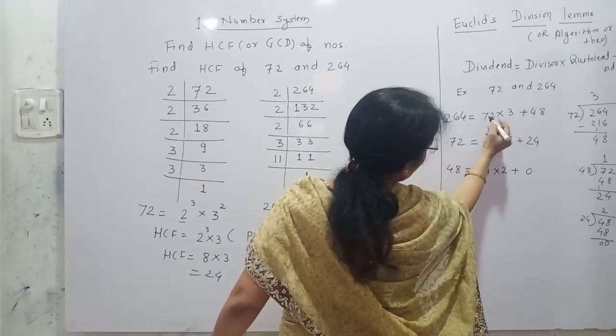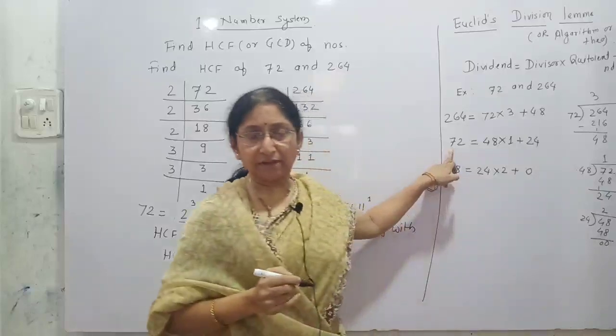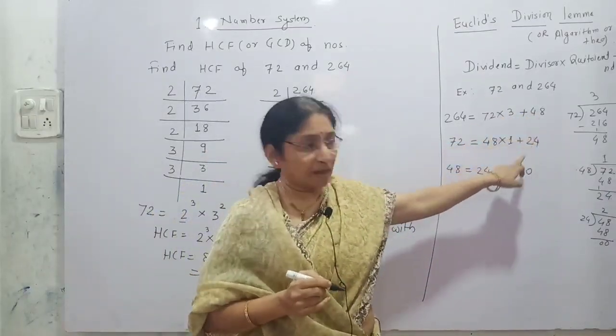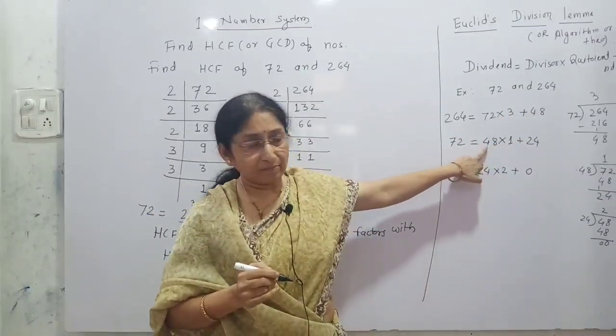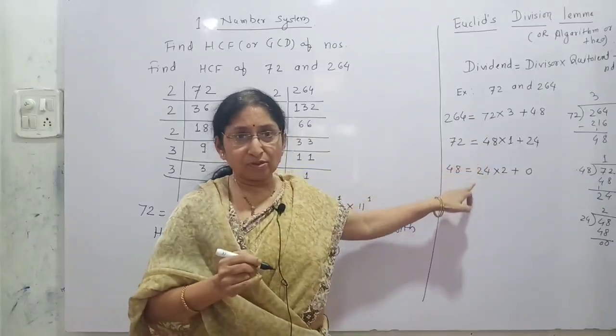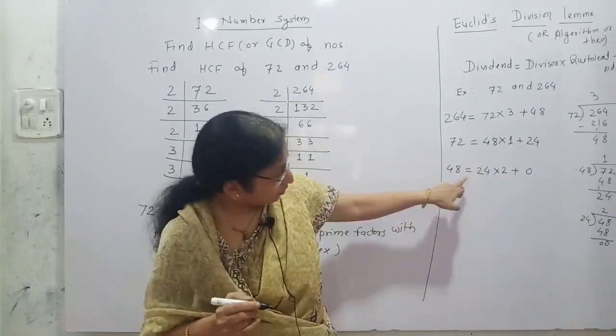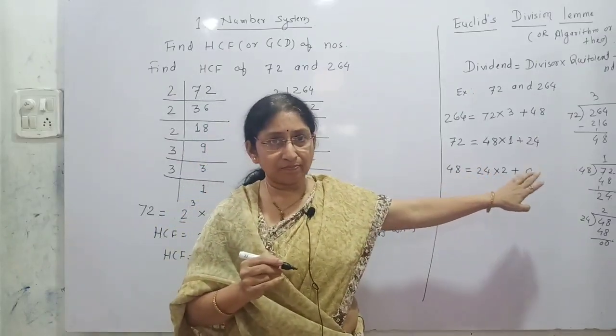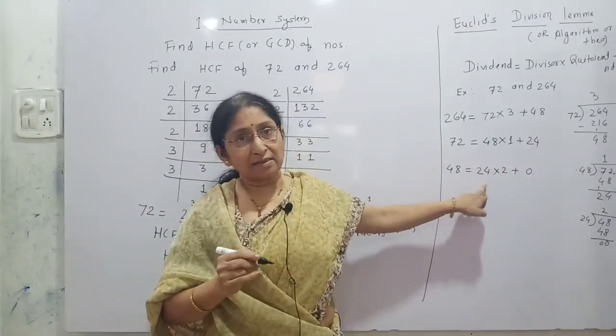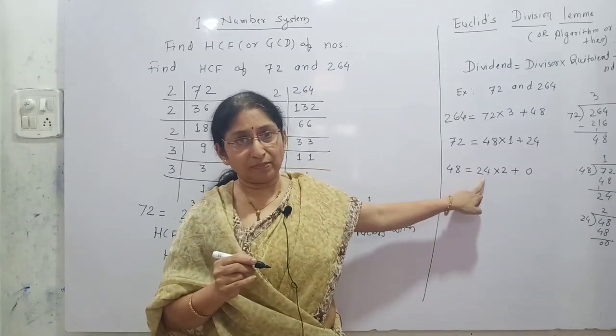In the second step, 72 becomes the dividend and the remainder becomes the divisor. Now you have to proceed this until you get the remainder as 0. Now in this step the remainder is 0 and the divisor is 24.